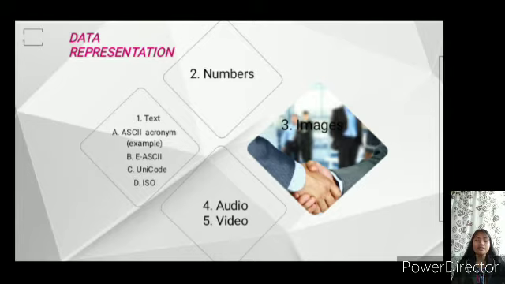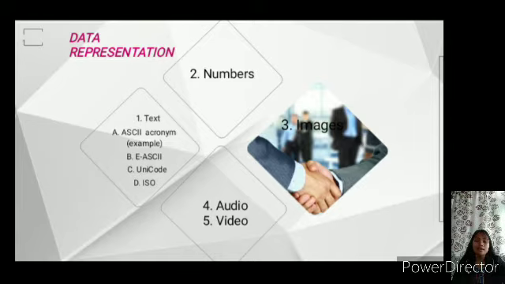Then ISO, the acronym is International Organization for Standardization, an international standard setting body composed of representatives from various national standards organizations.